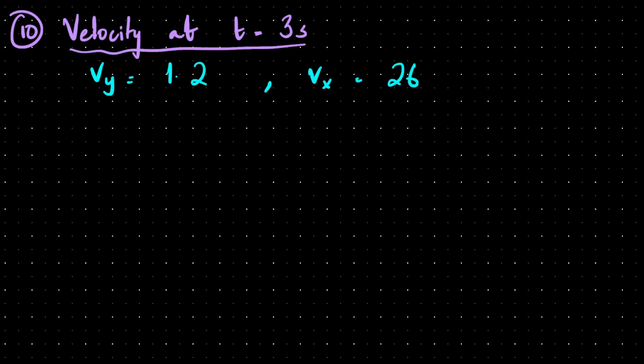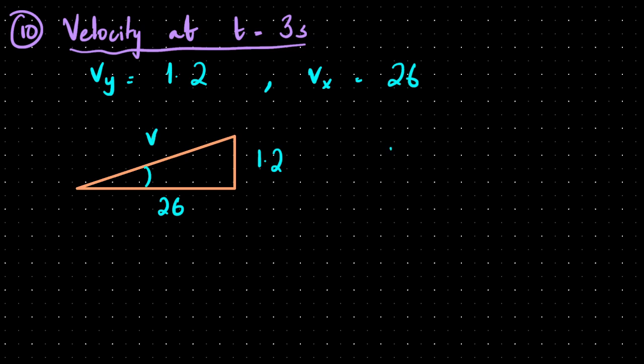But again the idea remains the same, that we still have to make a right angle triangle like this. And we know the different dimensions of this triangle. We know that this is supposed to be 1.2, this is supposed to be 26.